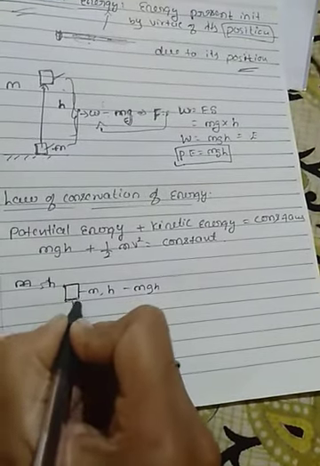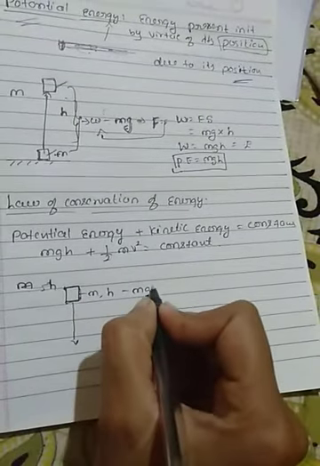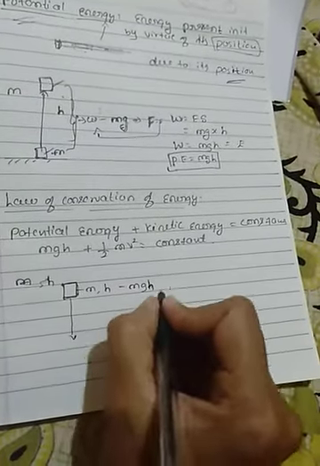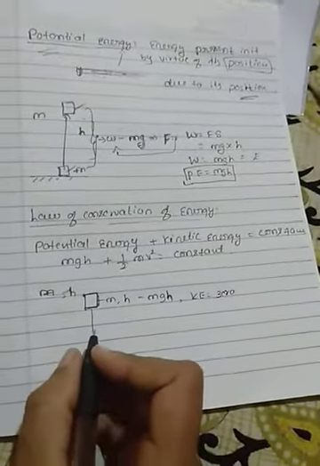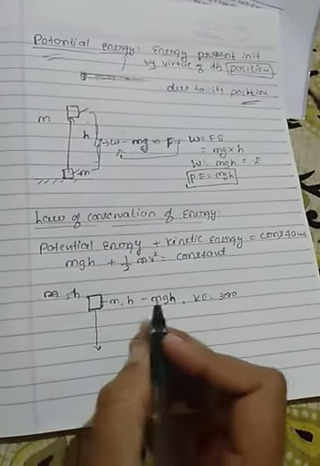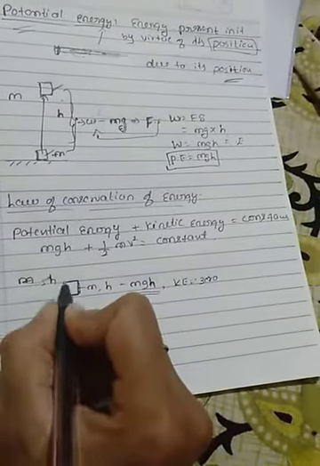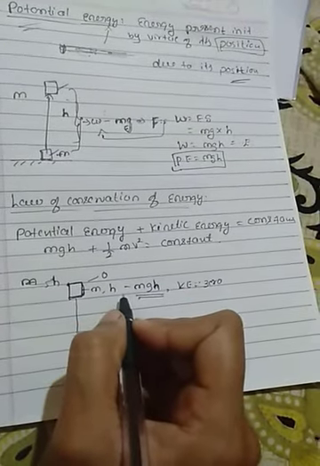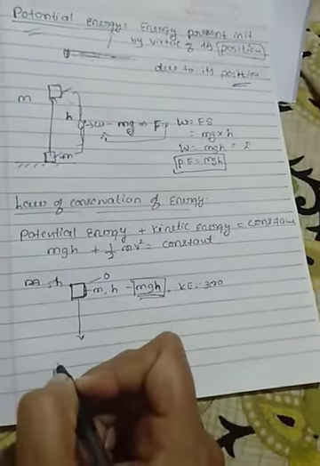Remember that if the object is at rest, it has maximum potential energy, mgh, and kinetic energy is 0, because the speed of the object is 0. Now the total energy of the object is mgh.